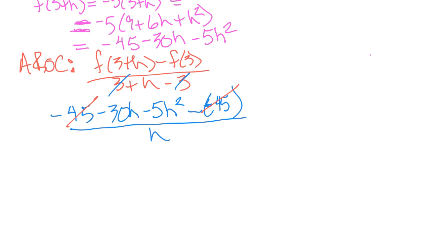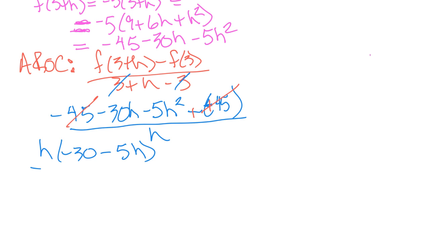And so negative 45, add the opposite, plus 45, zeros out. Let's factor an h out of that numerator. So we're going to have h times the quantity negative 30 minus 5h.